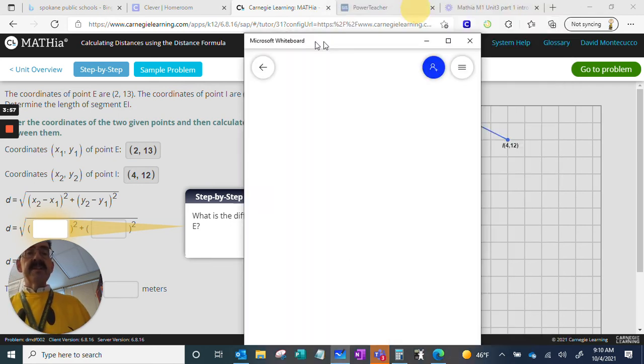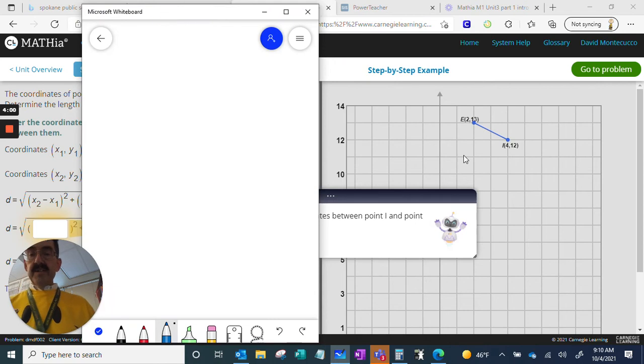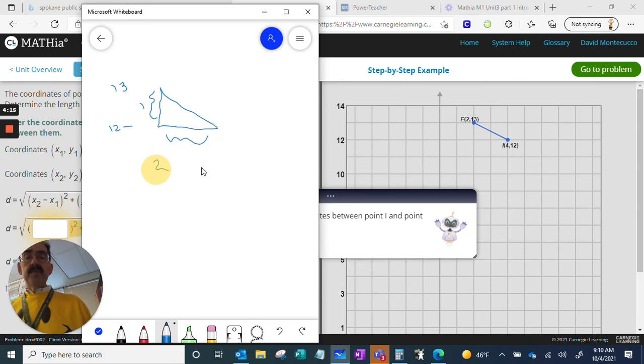Okay, so in this case, let's just draw our triangle, okay? Boom, boom, boom. Now, do you see how we went from 12 to 13? This is only 1 unit. And we went from 2 to 4. This is 2 units.